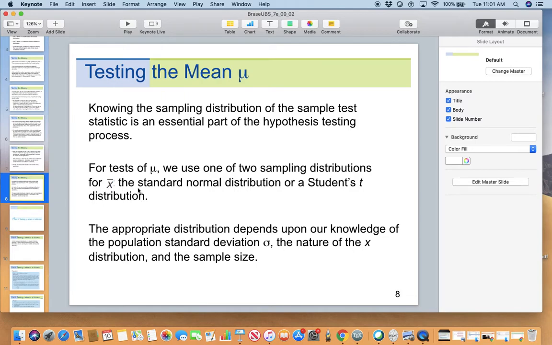Okay, for x bar, you choose either the standard normal or student's t distribution. The appropriate distribution depends upon our knowledge of the population standard deviation and the nature of the x distribution and the sample size. All right. Typically, if you know sigma, you would use standard normal distribution. If you do not know sigma, then you would go for student's t distribution.